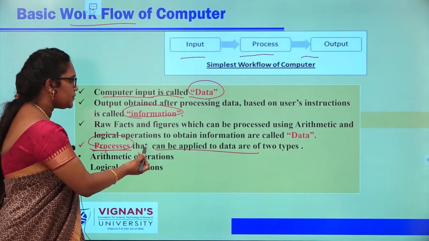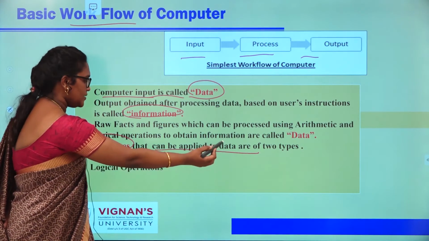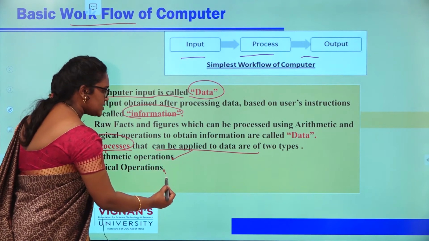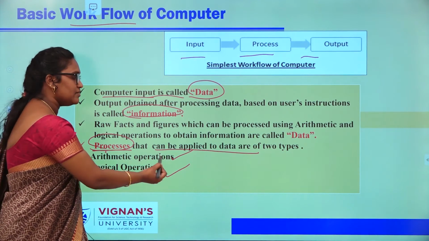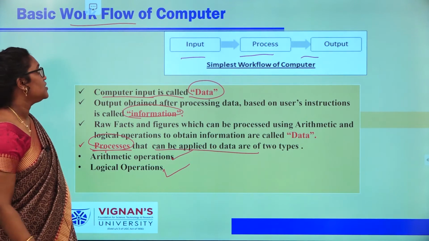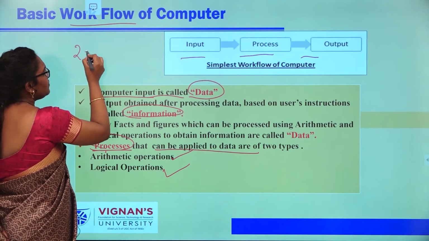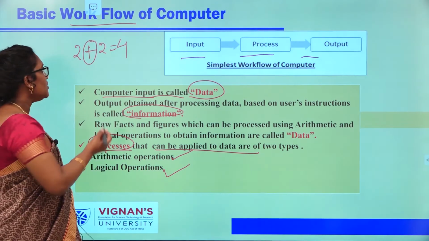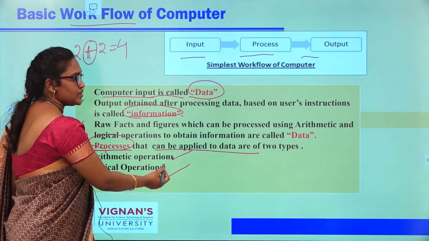How will it perform the operation? It will perform in two types. First one is arithmetic operation, second one is logical operation. What are arithmetic operation and logical operation? For example, if someone asks you to perform a simple addition between 2 numbers, here plus acts as an arithmetic operation.